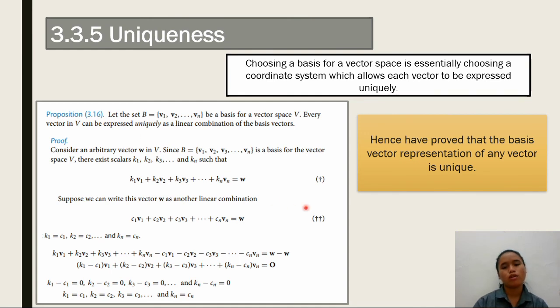Why is it unique? Because k1 equals c1, so k1 - c1 equals 0. All the answers from the formula are 0, or the same: k1 equals c1, k2 equals c2, k3 equals c3, and at last kn equals cn.